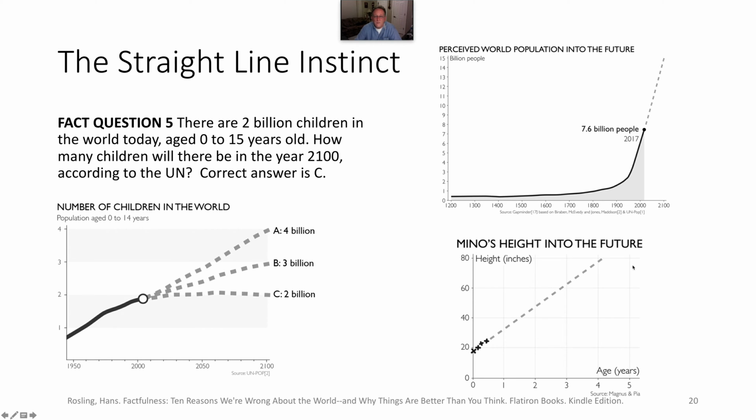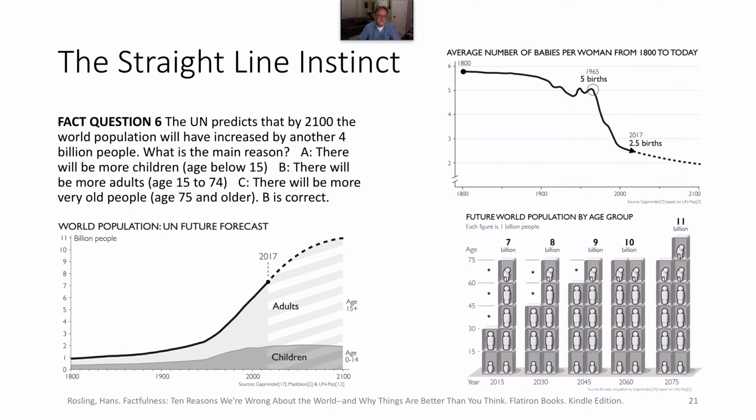Much like we're tracking the height of a young baby, if we continue to say, oh well, ever since during this first 6 months he's grown like a weed, if he keeps growing like this, he'll be like 7 feet tall by the time he's 4 years old. Well, of course that's not realistic, but it is easy to draw that conclusion if we don't watch out for the straight line effect.